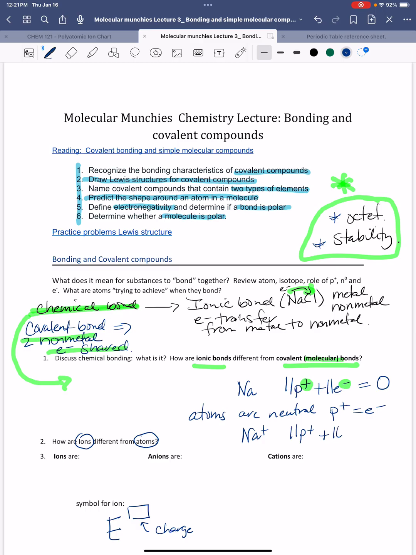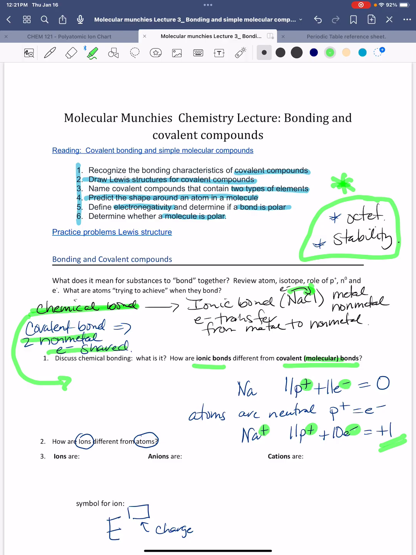But it's lost an electron, because it wanted to achieve stability by doing so, and it gave it away to something else. When you take 11 positive charges and add them to 10 negative charges, you get this +1 ion, and we symbolize that ion with this charge right here. Sometimes you'll see it as a 1, but most of the time you'll just see it as a plus.